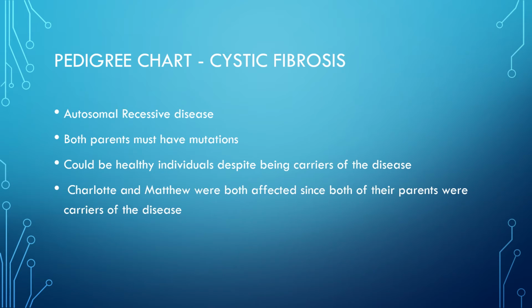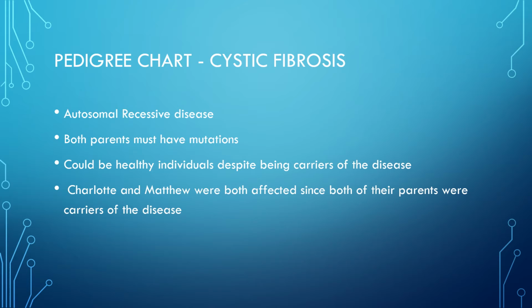Here we simply have an overview of what was talked about in the previous slide with the pedigree chart. Again, cystic fibrosis is an autosomal recessive disease, meaning you need 2 copies of the mutated genes in order to have the disease. Again, both parents must have mutations.